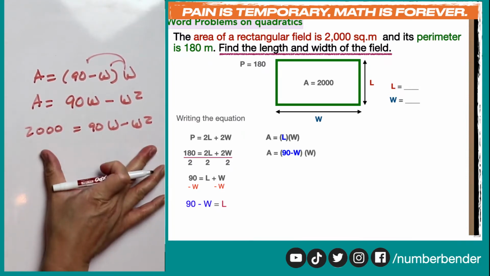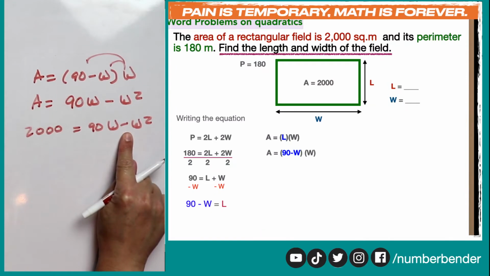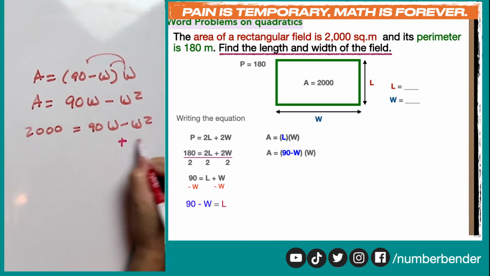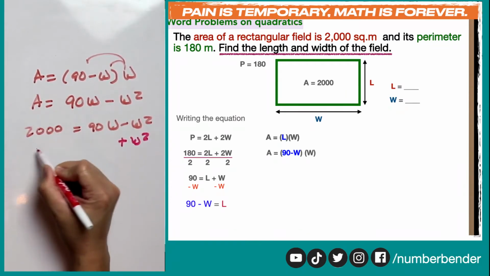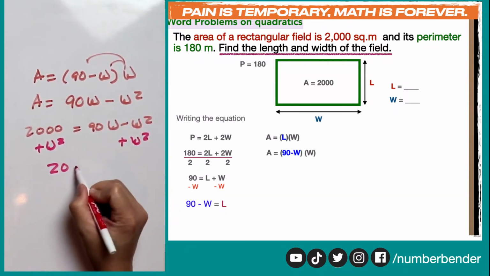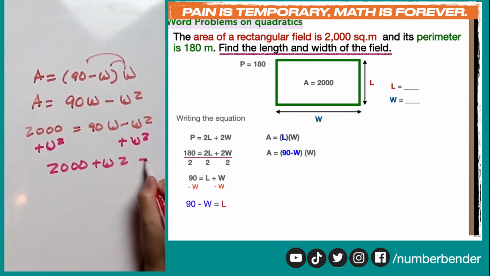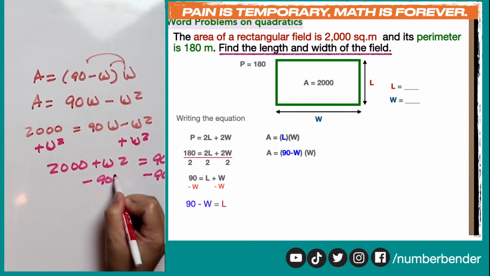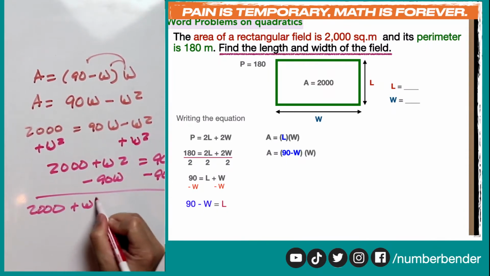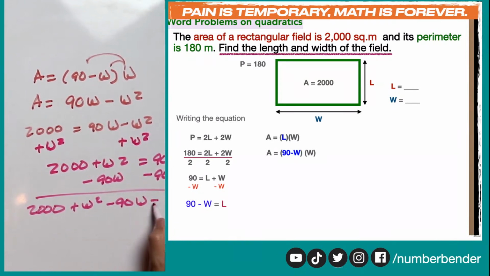And from here, what I can do is equate this to 0, and I will equate it to 0 by making sure that my quadratic term is positive. So my next technique that I'm going to use is add W squared on both sides. So I have 2,000 plus W squared equals 90W, and then subtract 90W on both sides, and I'll have 2,000 plus W squared minus 90W equals 0.